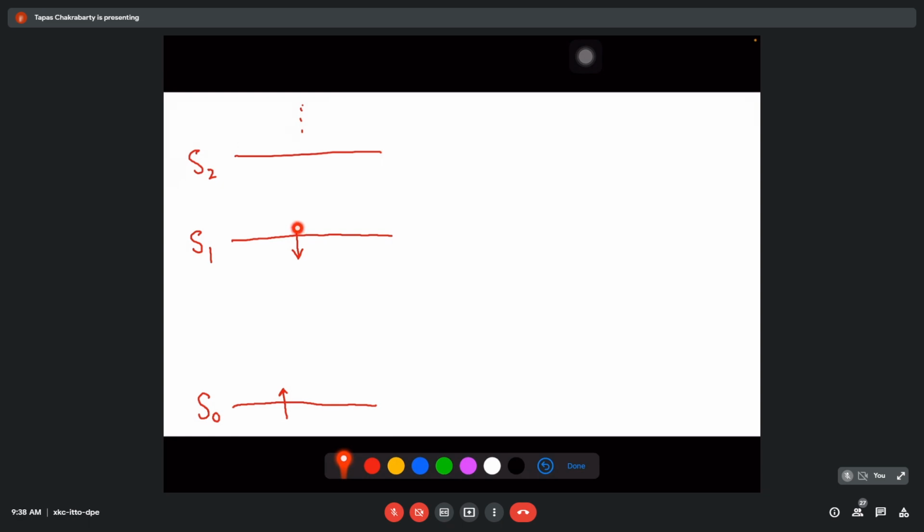The typical lifetime is of the order of about 100 nanoseconds. 1 nanosecond is 10 to the power minus 9 second, so for about 0.1 microsecond the sodium atom survives in this state. And that is the general behavior.